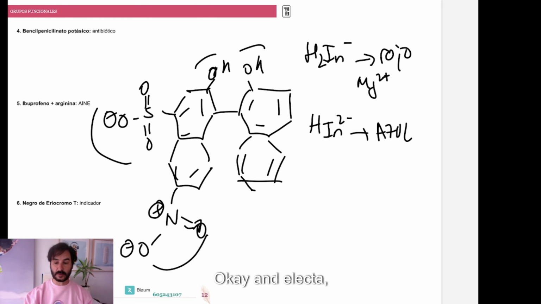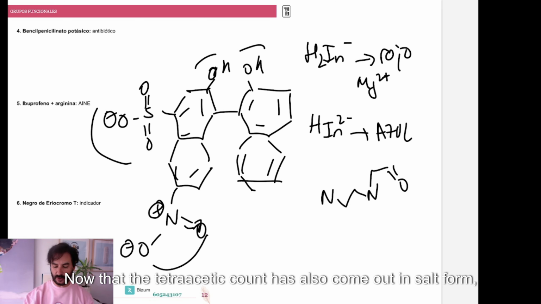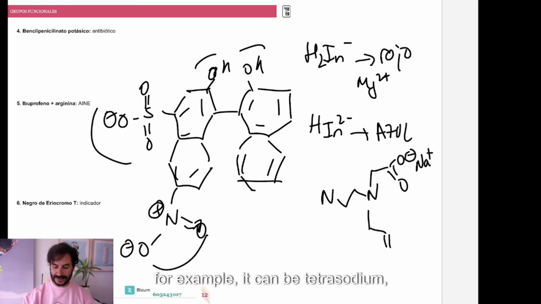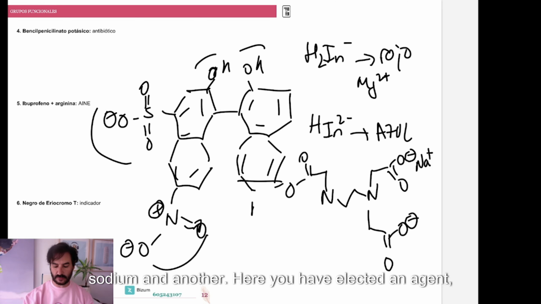Okay, and EDTA, we could also put it in this group because it is an ethylenediamine. Now, the tetraacetic acid has also come out in salt form, for example, it can be tetrasodium, in a strongly basic medium with sodium.